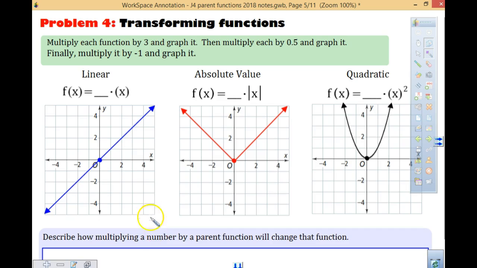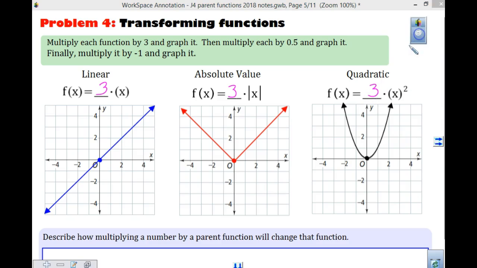So we want to be thinking, okay, what happens when we go first? F of x equals 3x, and then we're going to go with f of x equals 3 times absolute value of x and 3 times x squared, okay? The next thing we want to take a look at is what's going to happen when we are multiplying by 0.5. So we're going to do 0.5 in green.